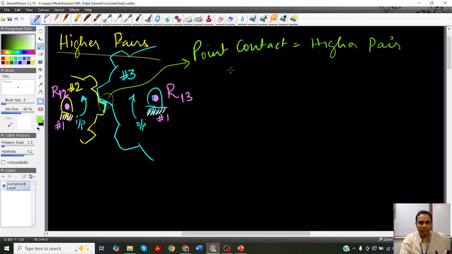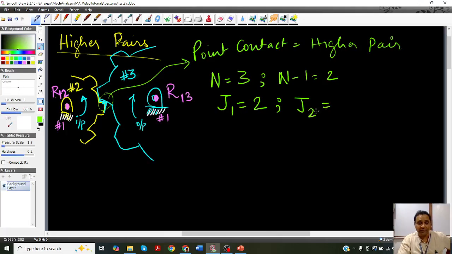Okay. So the good part is now we'll look at n is equal to 1, 2, 3. Only 3 are there, unlike the previous samples. N minus 1 is 2. J1, number of joints with one relative degree of freedom is 2. That is 2 revolute joints. For the first time, we have looked at a point contact, that is higher pair.